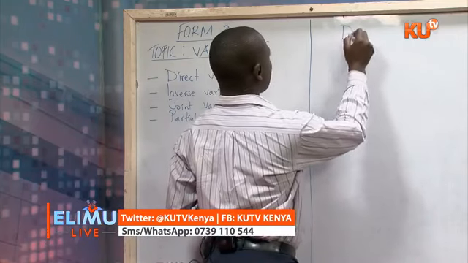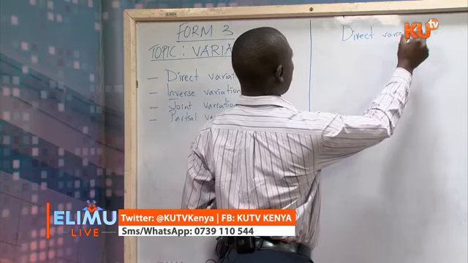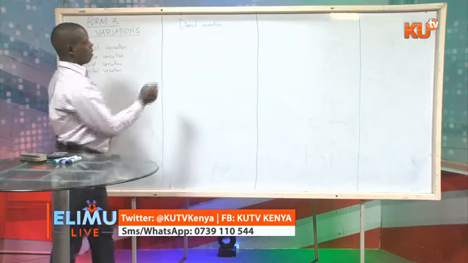But when you're looking at direct variation mathematically, we connect 2 variables.